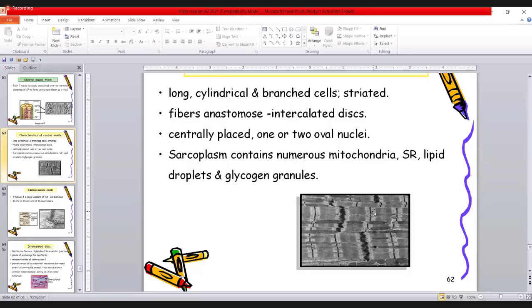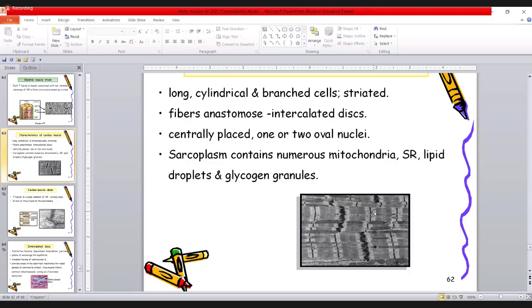Branch-like appearance. Long, cylindrical and branched cells. Where is the nucleus, one or two nuclei, and where is the nucleus located? In the center. Yes, center, like in the skeletal muscle where it is at the periphery, here it's in the center.